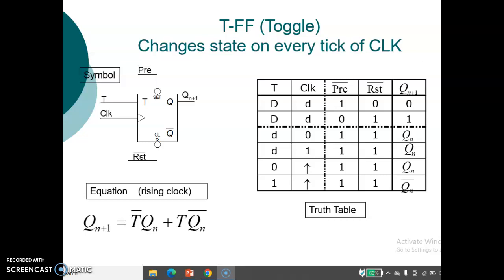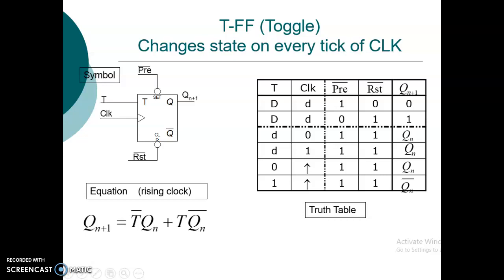And then reset for set, reset for clear. So this one here, this one, and then Qn plus 1, Qn plus 1 output. Okay, Qn plus 1. This is the truth table.